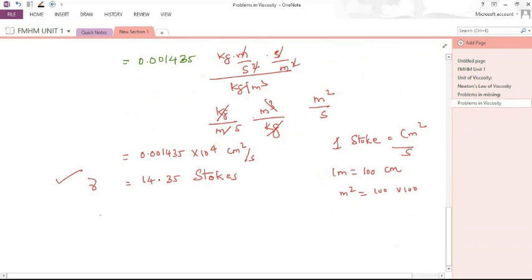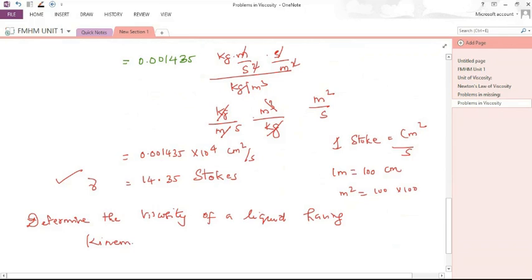Next we will look at another simple problem. Determine the viscosity of a liquid having a kinematic viscosity of 6 Stokes and a specific gravity of 1.9. From that you have to find the viscosity, simply the dynamic viscosity, mu. What is given?